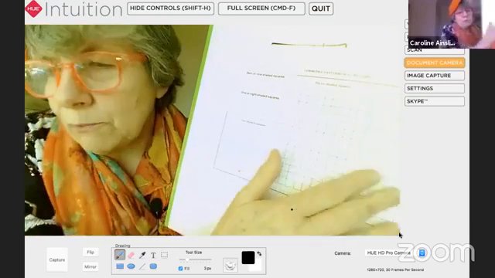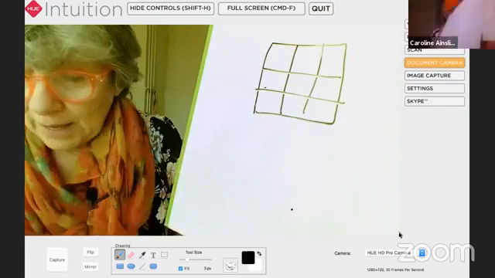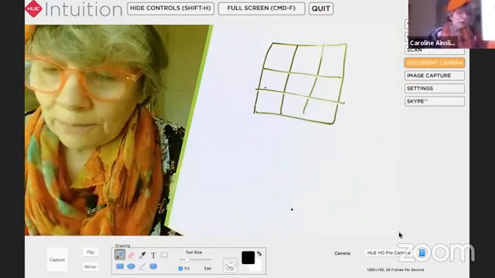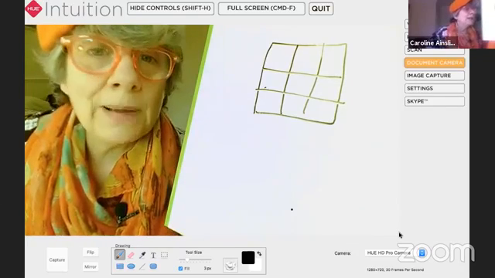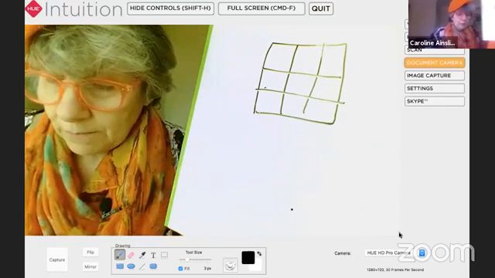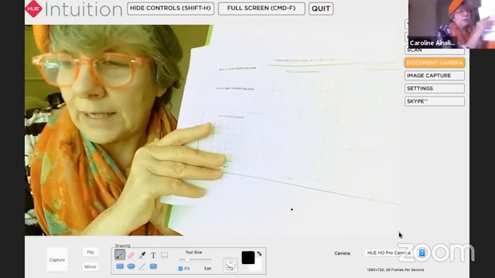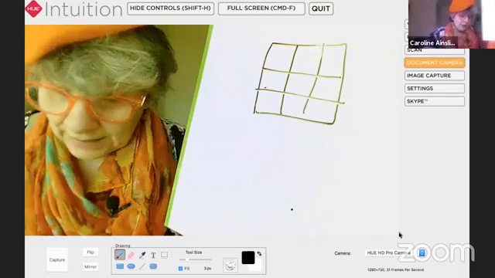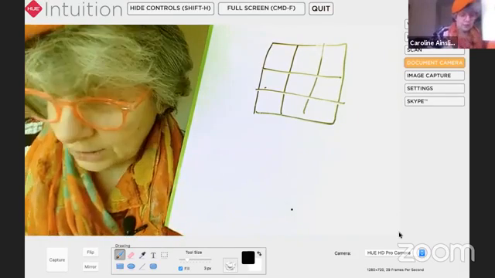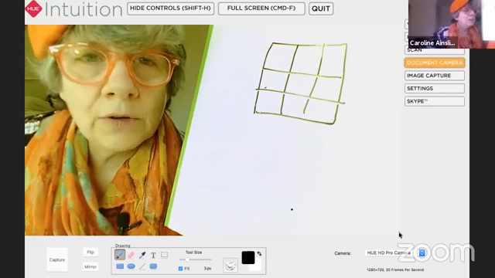If you can write out all the symmetries, and this is visual, it's about making a pattern with all the symmetries, and that will help you be systematic. You can take this and reproduce it onto a big piece of paper and put that on the wall. And it's not about finding all the symmetries in the next 20 minutes or even the next day. It's about finding all the symmetries over a period of time.